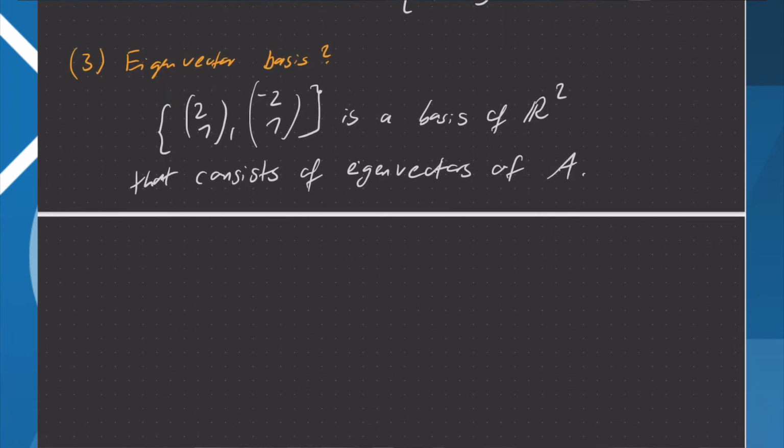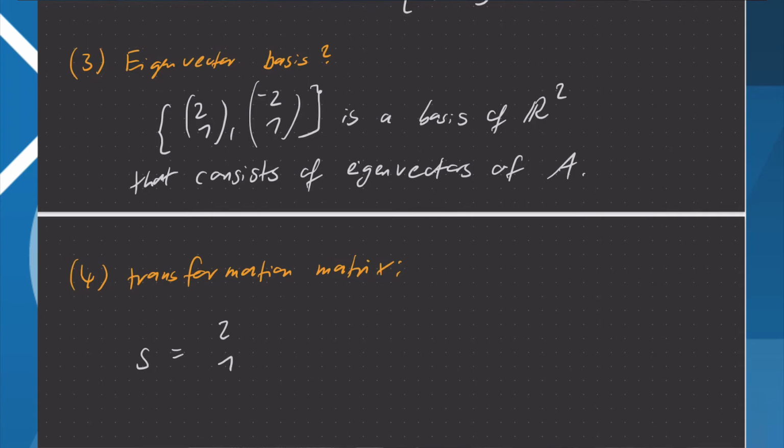And now finally, if we wish to compute the transformation, that is easy to do. Basically what we do is we take the eigenvectors, we use them as columns of the transformation matrix.